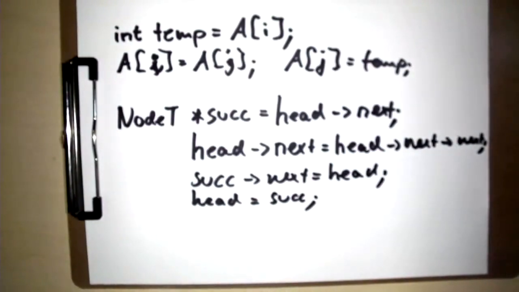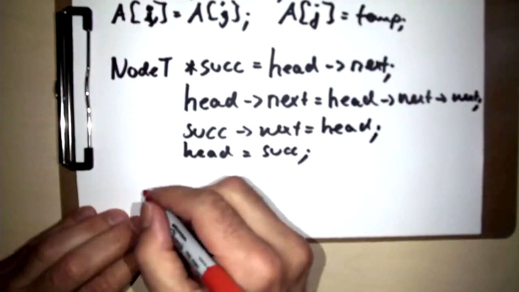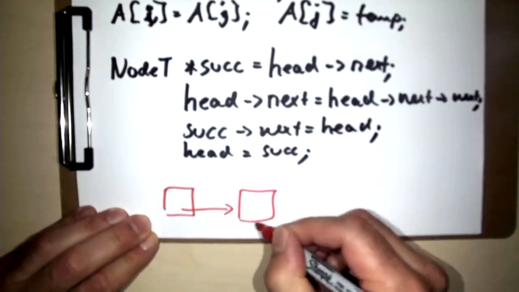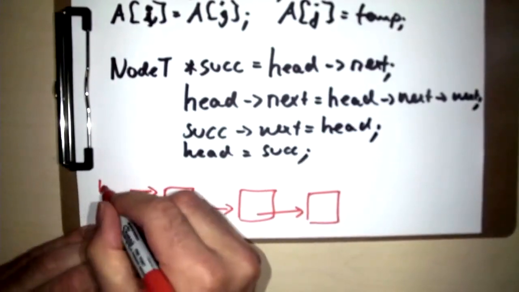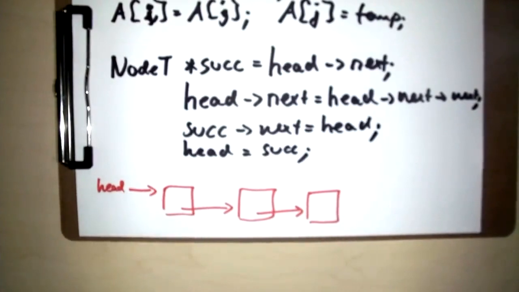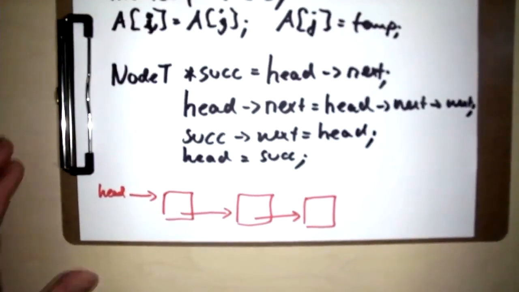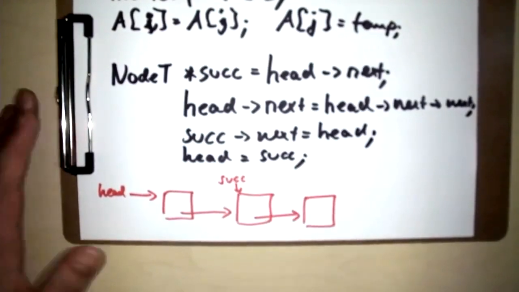Are we all happy with that? It might be a good idea to see if that really works. Suppose we have that linked list. We have head pointing to the start. Now, first step: successor points to here.